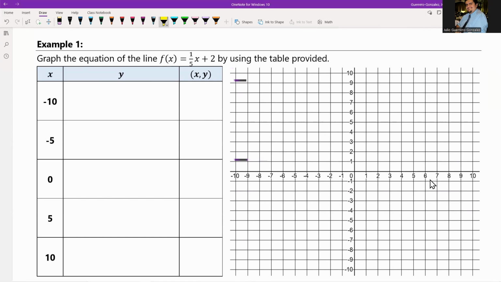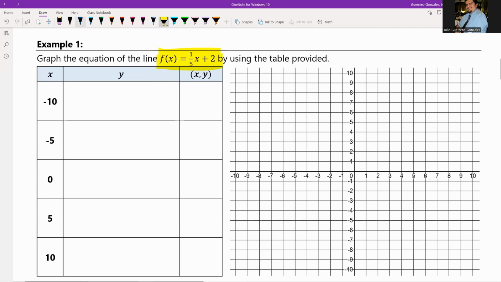If you slap enough of these down on graph paper, they give you a graph. Let me demonstrate that with this example. Here's our function, and I want to graph it. I'm going to use my table, and then we'll put the x and y coordinates on the graph right next to it on the right.